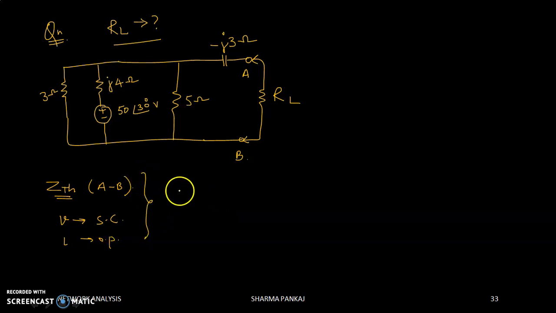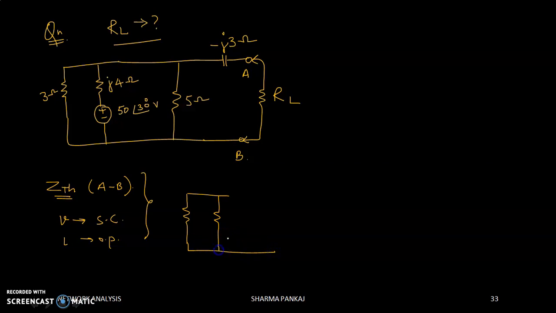This is the circuit. This is 3 ohm, this is J4, and the 50 angle 30 degree volt source will be short circuited.